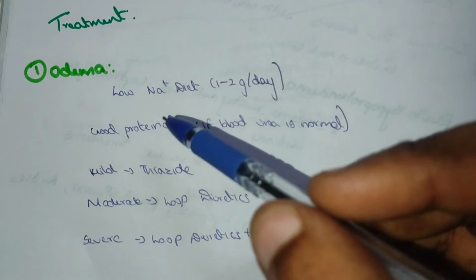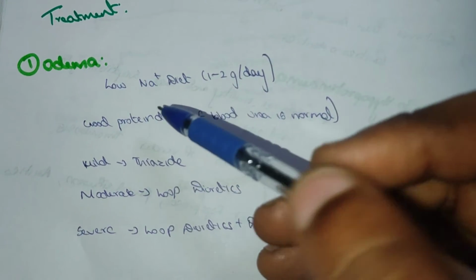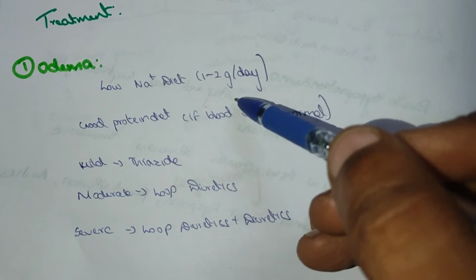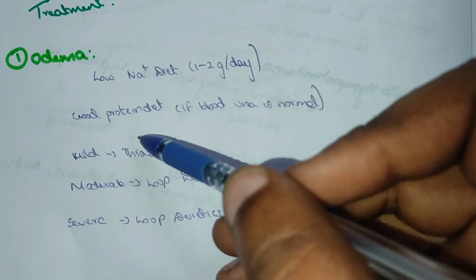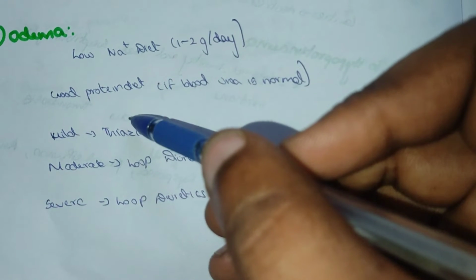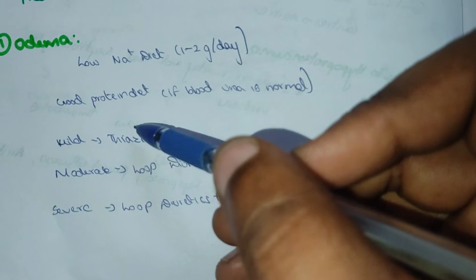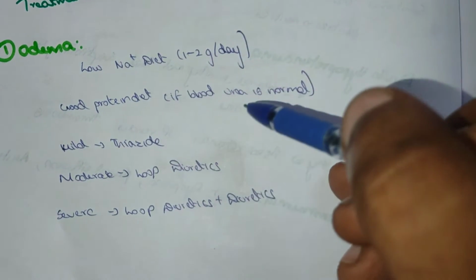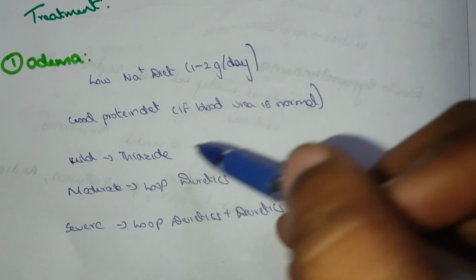Now we will see the treatment. For edema, the patient should take a very low sodium diet, 1 to 2 gram per day, as well as a good protein diet. Due to proteinuria, the proteins are excreted through the urine, so the patient should take a good protein diet if the blood urea is normal.